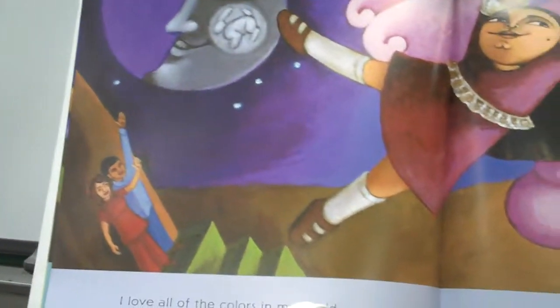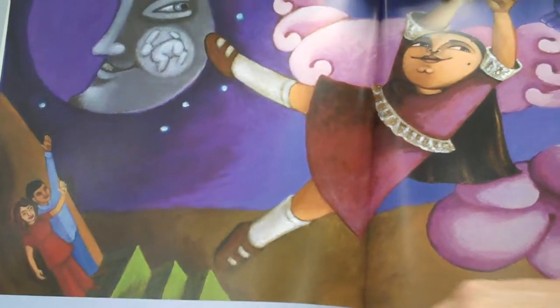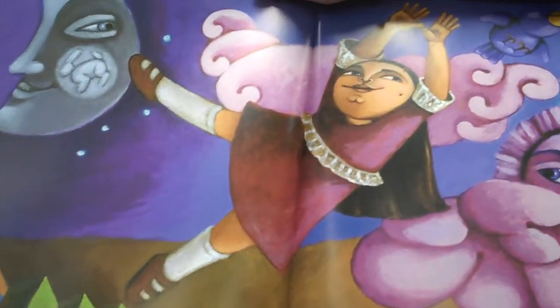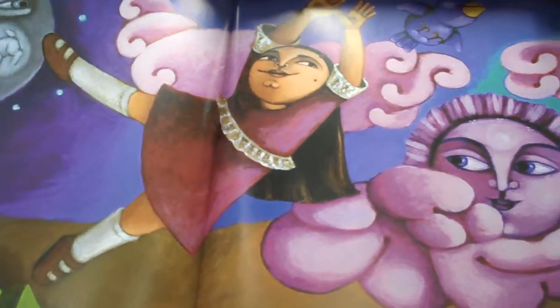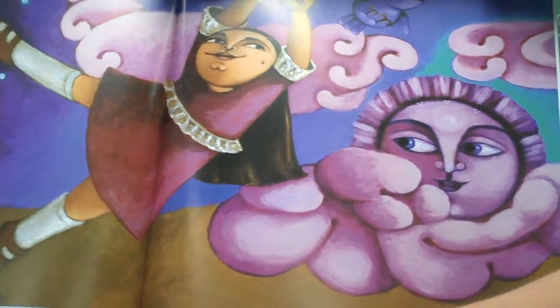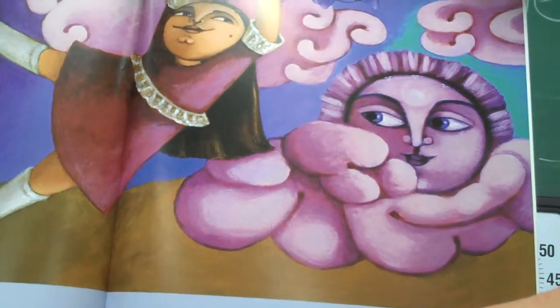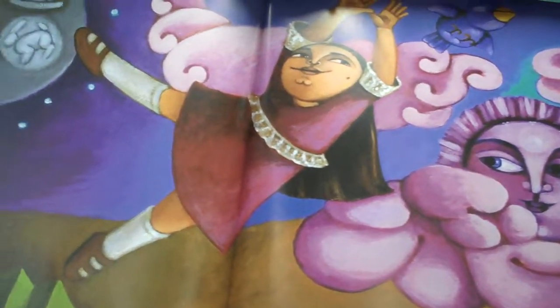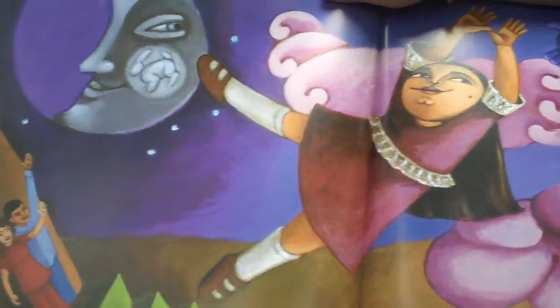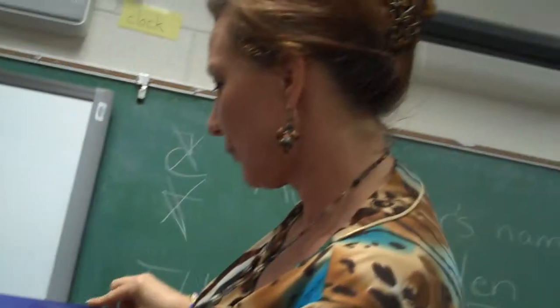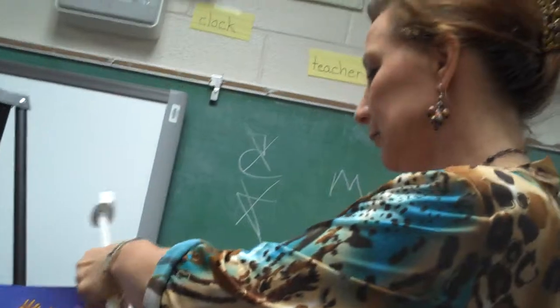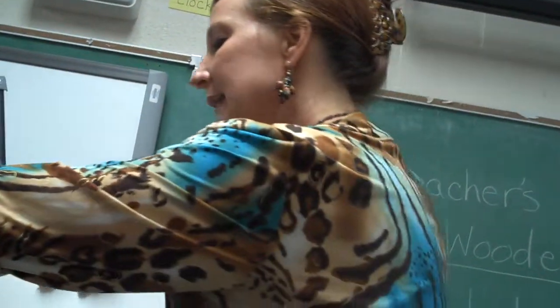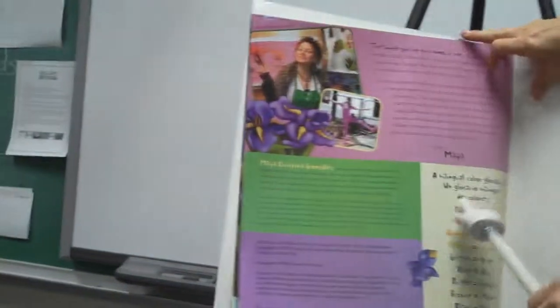I love all the colors in my world. Every day I watch the hot pink sky turn into dark blue night. So that makes me think the hot pink sky is right before it becomes dark. And that is the end.